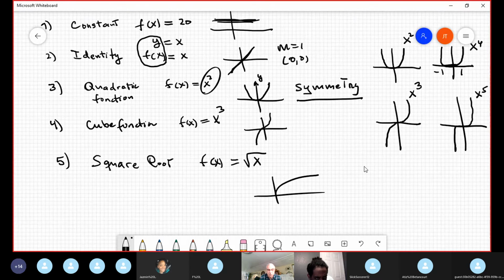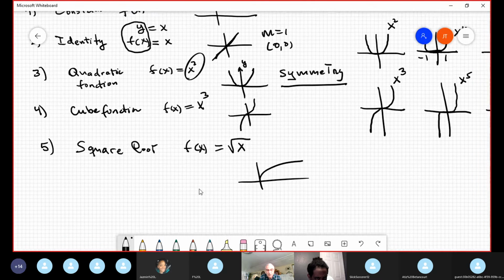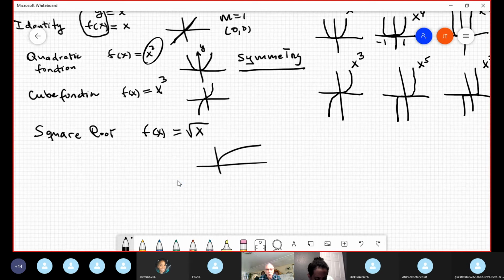What is the reason, professor, that we have no graph in the negative part? Because the domain of this is x greater than or equal to 0. You take the expression inside, you enforce it to be non-negative, and we have no graph in the negative part because it's totally out of the domain. Only the domain is positive numbers 1, 2, 3, 4, and of course the decimals, the fractions in between.